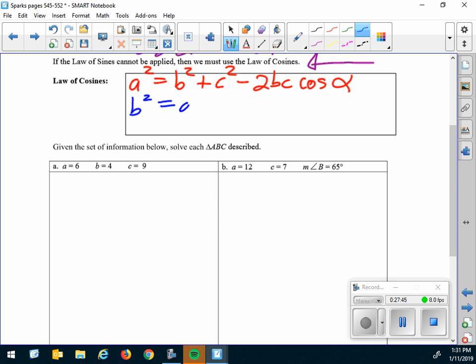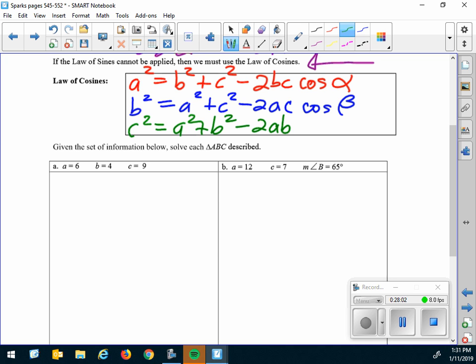B squared equals A squared plus C squared minus 2AC cosine beta. And C squared equals A squared plus B squared minus 2AB cosine gamma. Ladies and gentlemen, those are the laws of cosines.